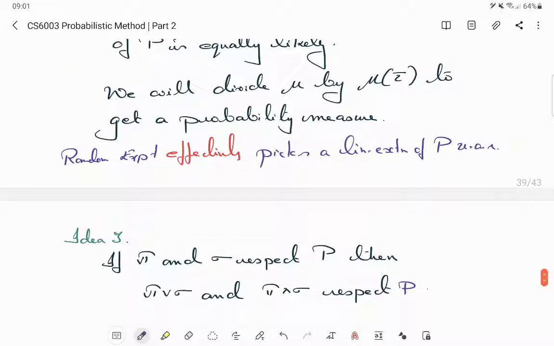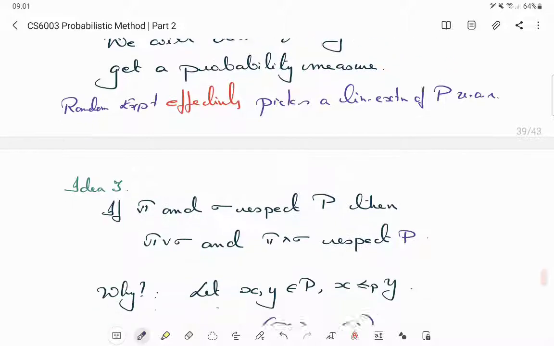In fact, it is because of this reason that instead of using mu, I can actually restrict my whole lattice just to functions which respect p. We can even redo this proof where mu is just a constant function 1, but then the lattice is shrunken to contain only those functions which respect p.